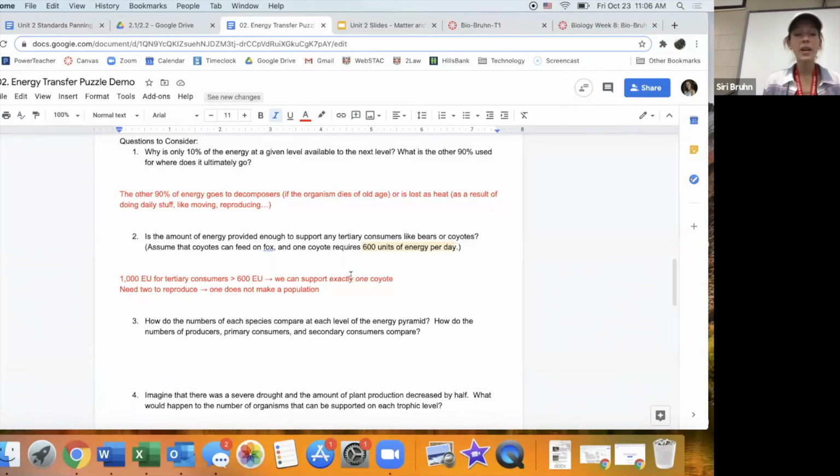But we need to think back to the limiting factors conversation, to the biotic interactions. We need to be on this ecosystem level and ask, is one coyote a population? Is that going to actually be supported in our ecosystem? And the answer is no. And going back to what Marcus says, in that sense, 1,000 is basically zero. 1,000 energy units is not enough for a tertiary level.